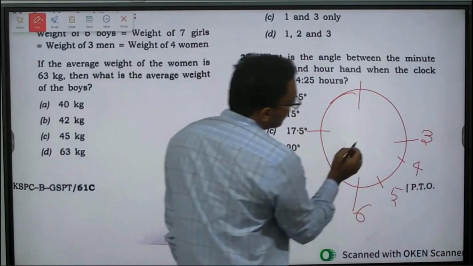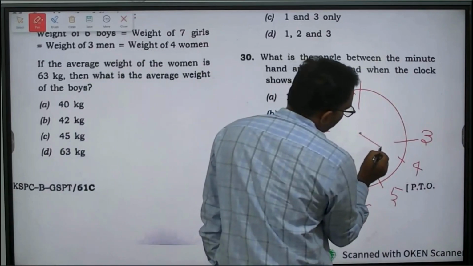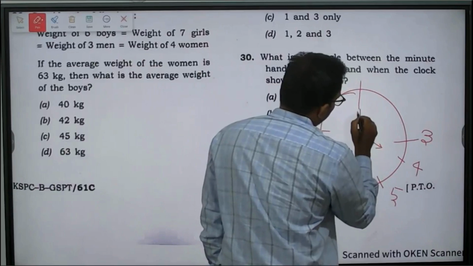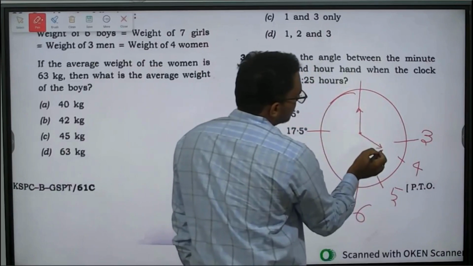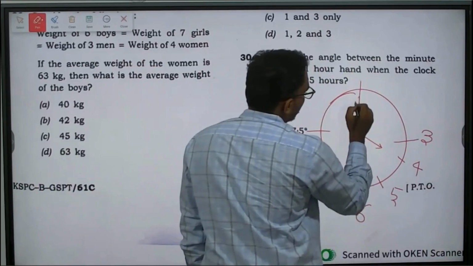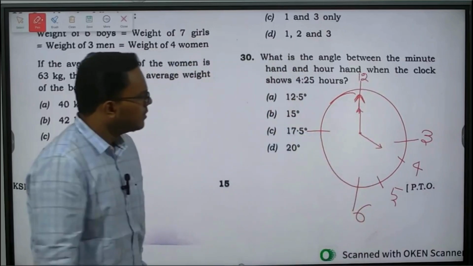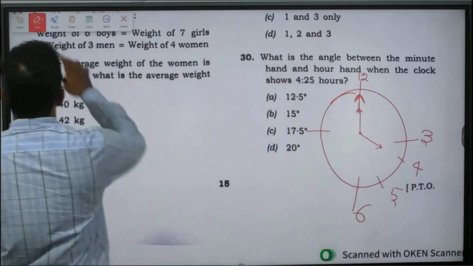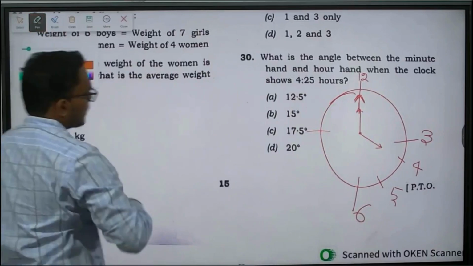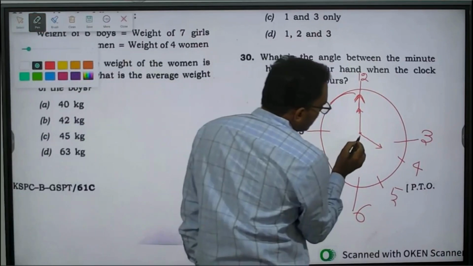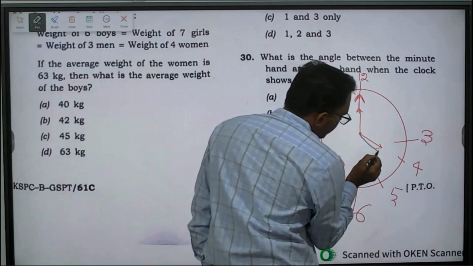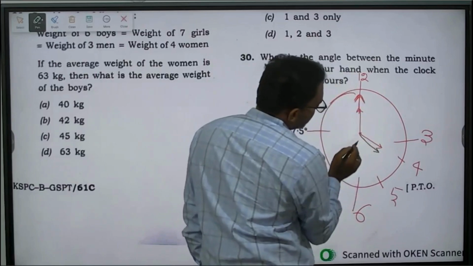Okay, at 4 o'clock, assume this is your hour hand and this is your minute hand. This is 12. So now at 4:25, this would have moved slightly here, and this would have moved here.